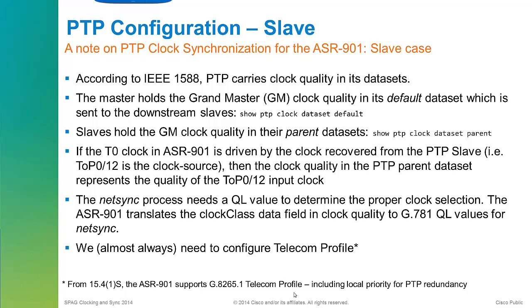And normally that's done when we configure the telecom profile on the 901. So this is specifically the 901, which is most cases here. For the 903 and the 24CX, they both support 2 sets of clock translation, so it's not as important. But for the 901, you almost always need to configure the telecom profile, and if you don't get what you want, then try turning it off and see how you go.